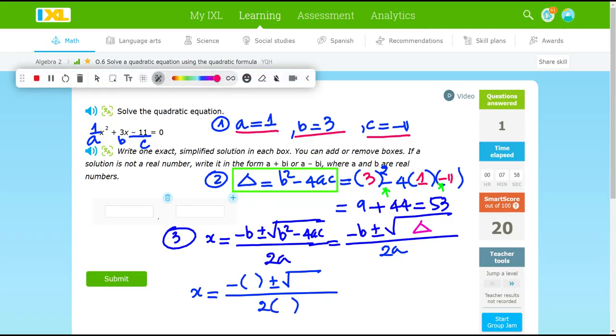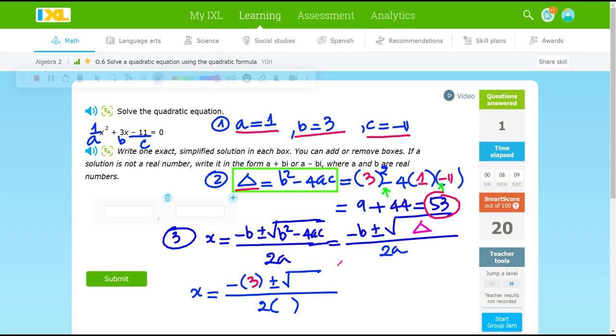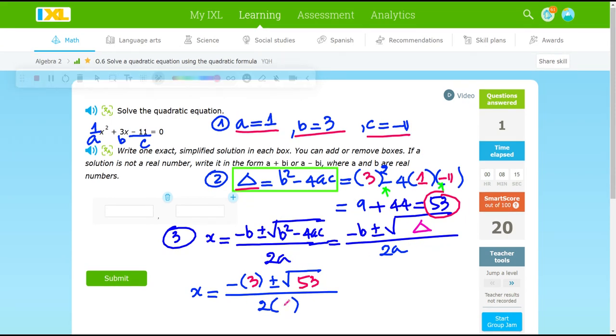So now let's go and find the b. The b is right here, number 3. So I put the b, number 3. Delta, we have it. It's 53. And then over 2a, a equals 1. So now, when you write your answer, make sure you write 2 separate fractions.